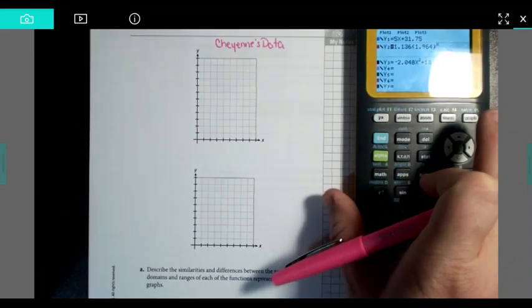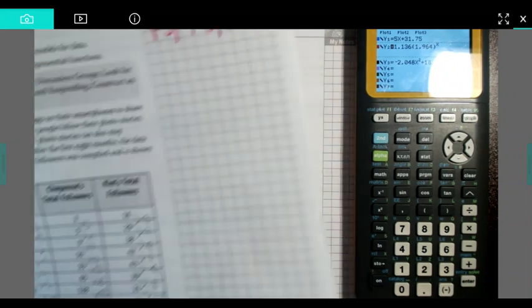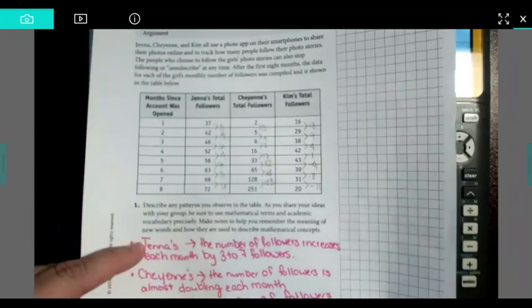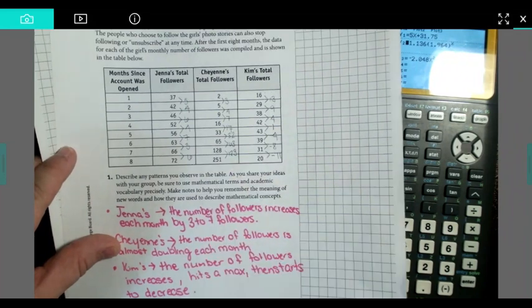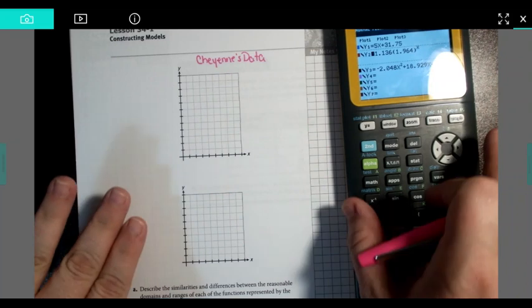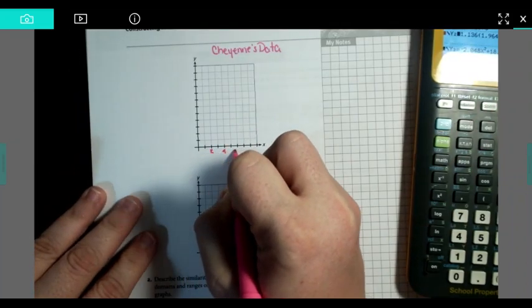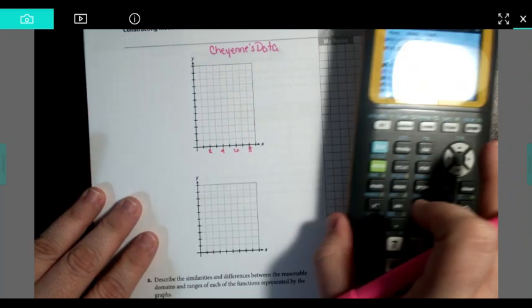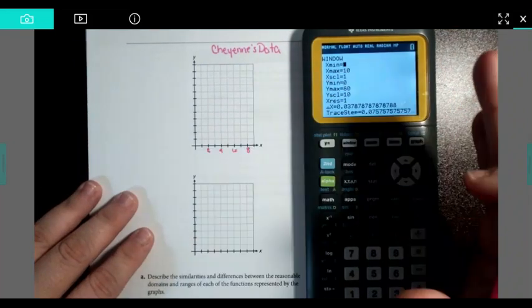Okay. Now remember, if you recall back to Cheyenne, her data went from 2 all the way to 251. So we need to cover that in my data set. So we know that the bottom is going to count by 2. So we're going to go 2, 4, 6, 8. So my X max and min are fine because I need to cover 1 to 10.